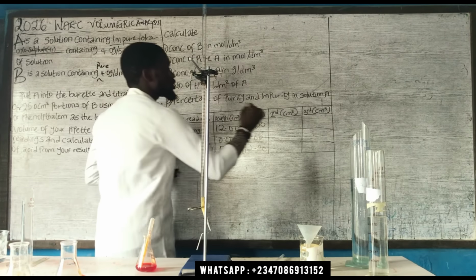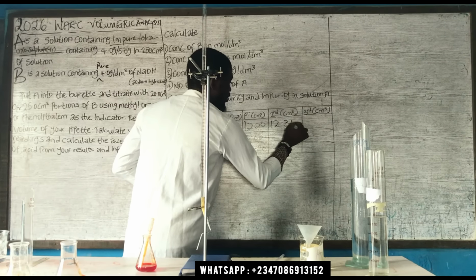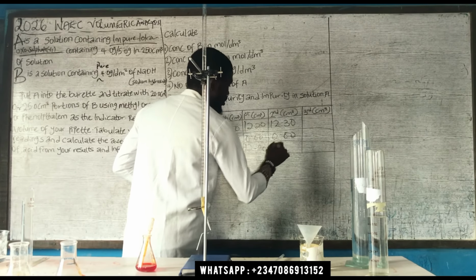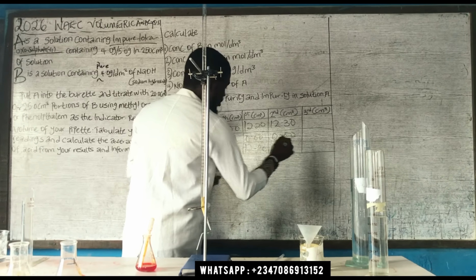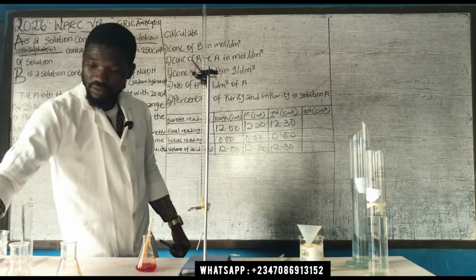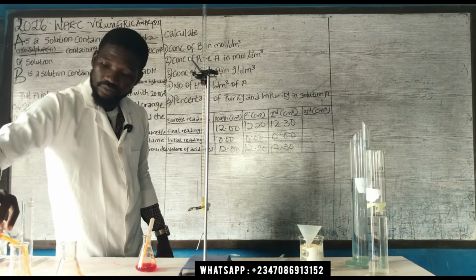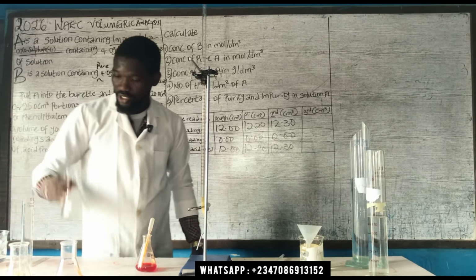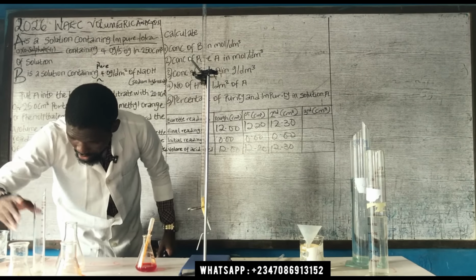This is for the second titre value. The initial, we have 12.30. So let's take the last one. So you take a measurement of the base.